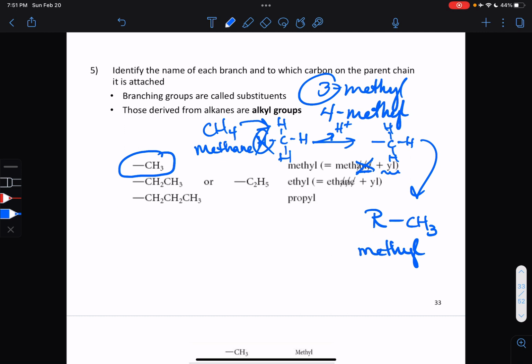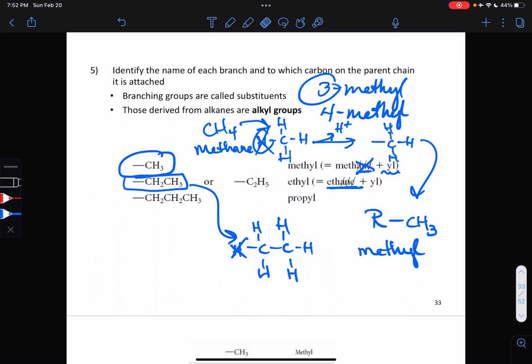And then if you have a 2-carbon chain, that looks like this if we draw it out. And that's going to come from ripping a hydrogen off the end of an ethane. So our 2-carbon hydrocarbon is called ethane.